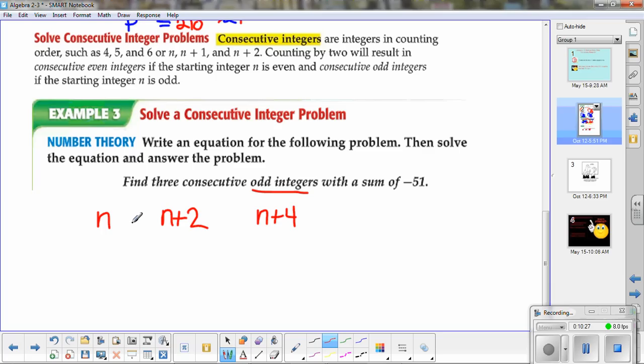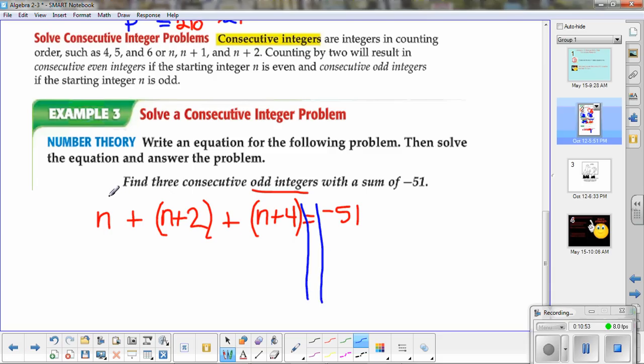So if we want a sum of negative 51, it's n plus n plus 2 plus n plus 4 equals negative 51. Now, before we begin to solve it, we're going to simplify this a little bit.